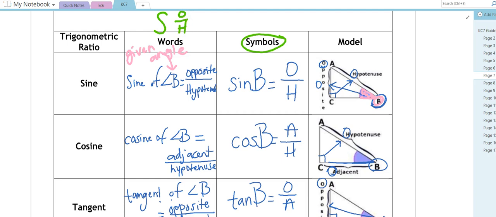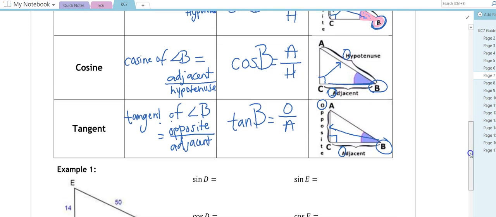Opposite over hypotenuse. Cosine is adjacent over hypotenuse. And tangent is opposite over adjacent. So we see this word SOHCAHTOA. Anytime you need something to remember to figure out what goes over what, you could remember SOHCAHTOA.